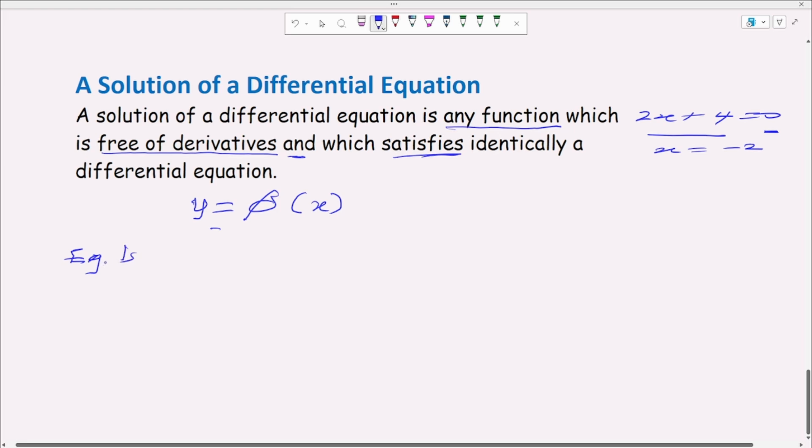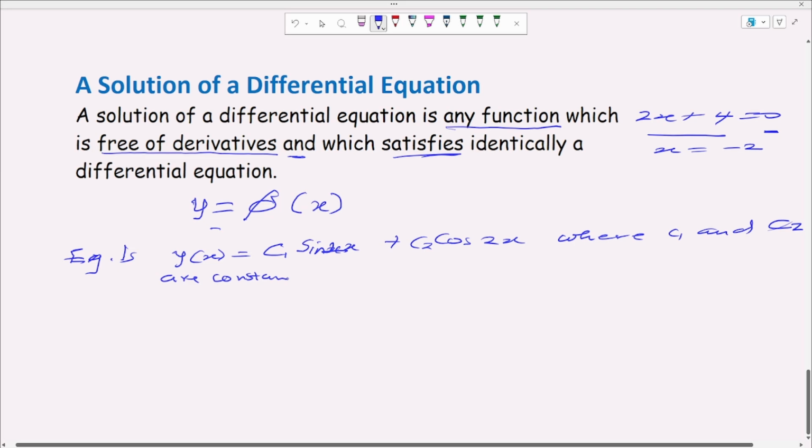Is y(x) = c1 sin 2x + c2 cos 2x, where c1 and c2 are constants, a solution of the differential equation y'' + 4y = 0?